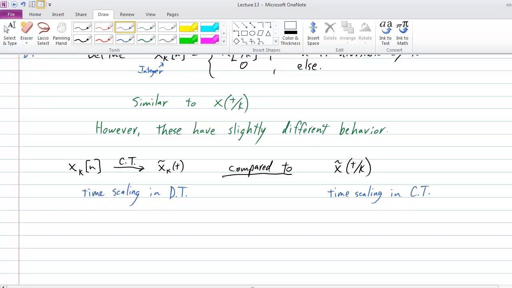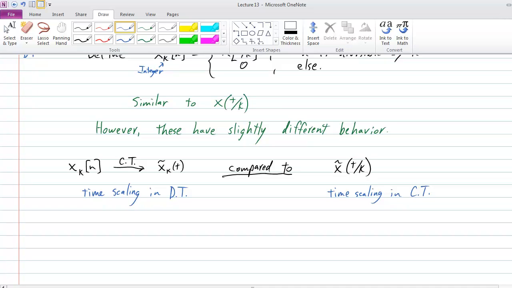All right, let's try this though. x_k of t, so we're doing tilde. That's the sum from n equals negative infinity to infinity of x of n, delta of t minus n t.